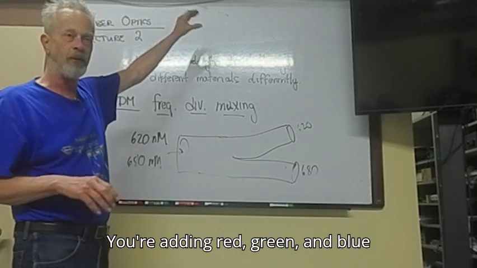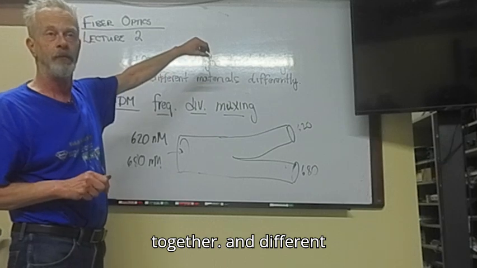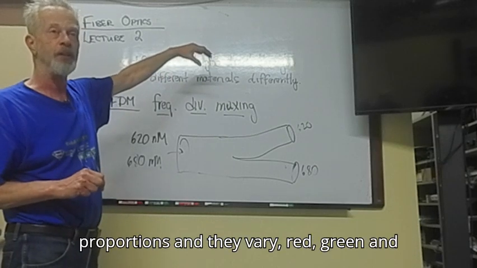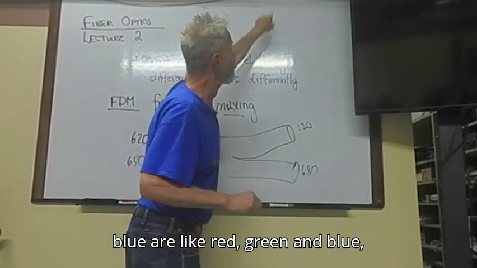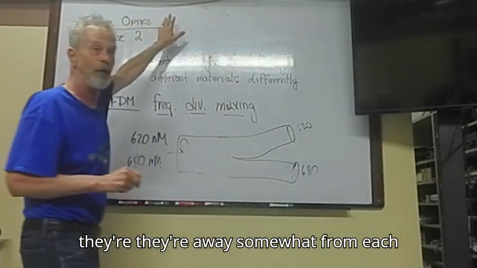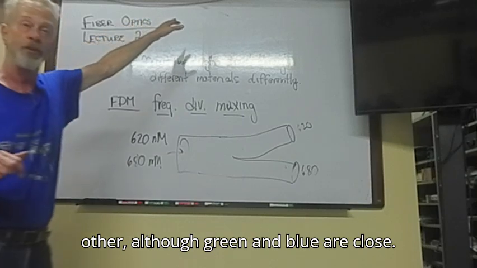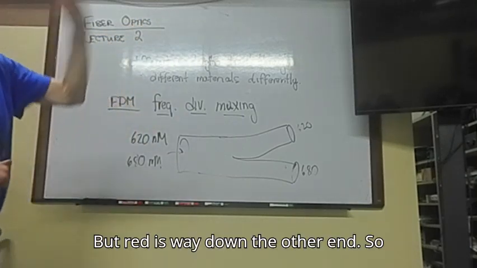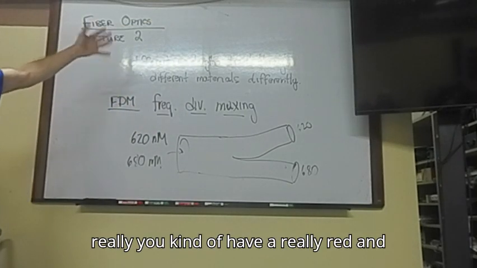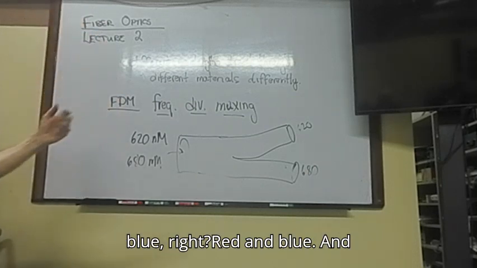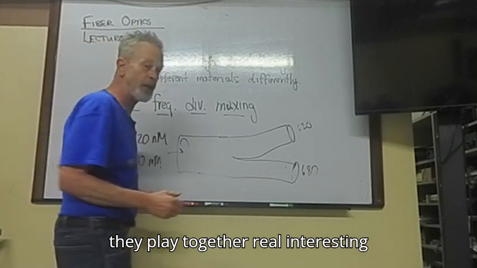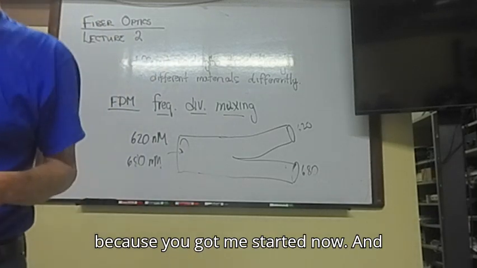You're adding red, green, and blue together in different proportions. Red, green, and blue are away somewhat from each other, although green and blue are close. But red is way down the other end. So really, you have red and blue, and they play together real interesting.